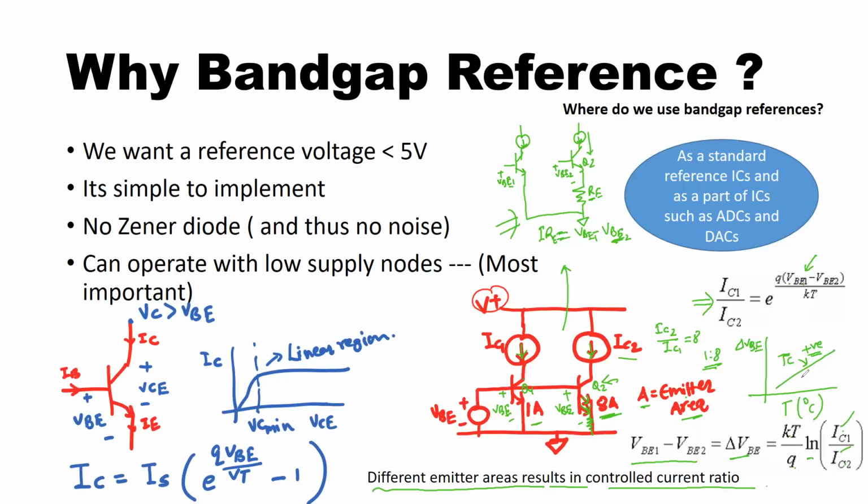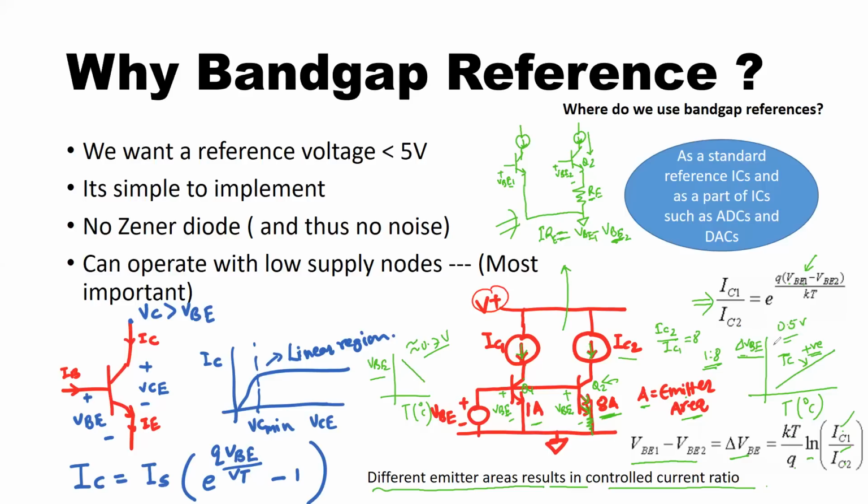Okay, now you manage to generate a VBE which has negative TC right here, and you manage to generate delta VBE which has positive TC. Okay, but the VBE magnitude is approximately 0.7 volts right here, and the delta VBE must be approximately 0.5 volt, for example.